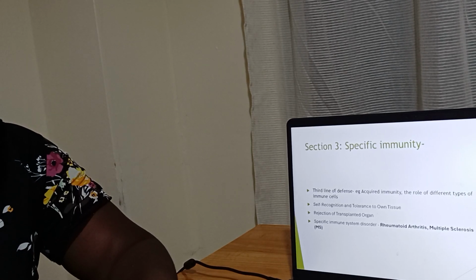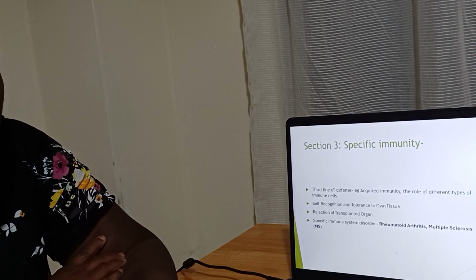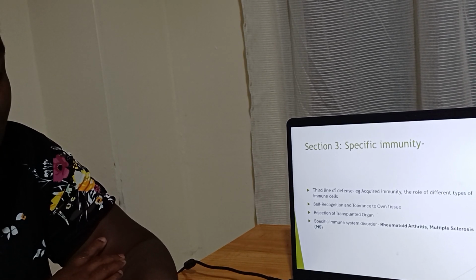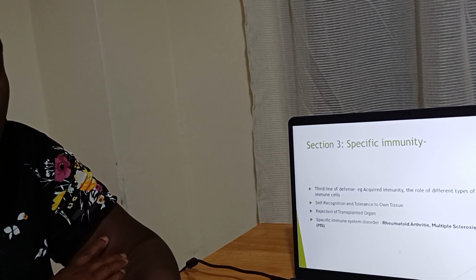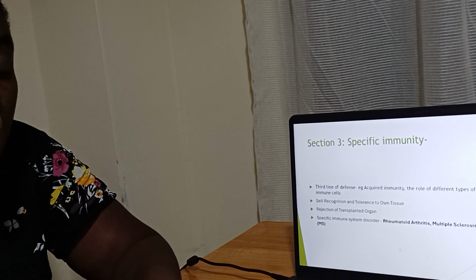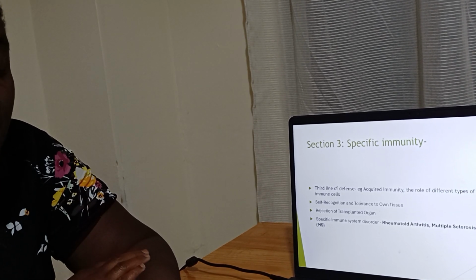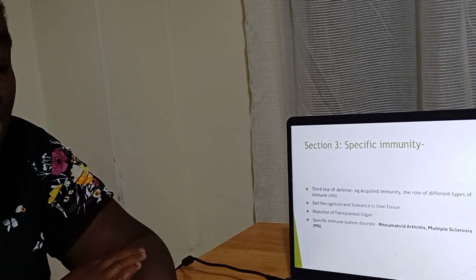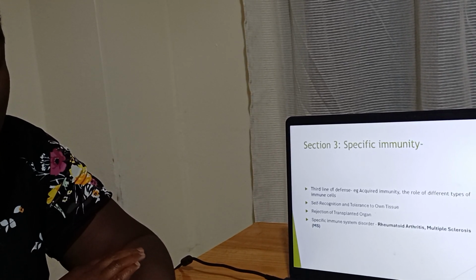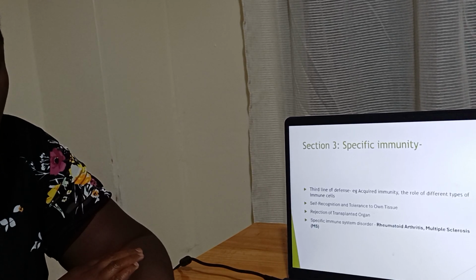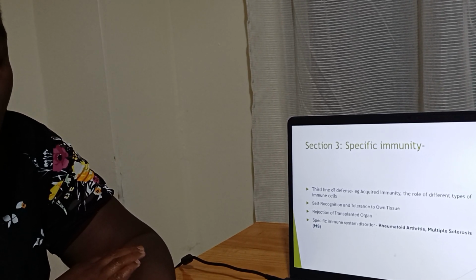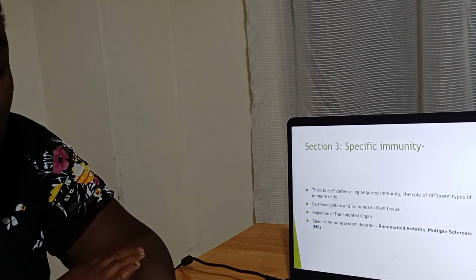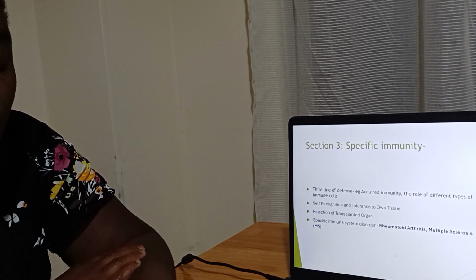We have self-recognition and tolerance to own tissue. Self-recognition is the immune system's ability to distinguish between the body's own cells and foreign cells. This is crucial for preventing the immune system from attacking the body's own tissue. The immune system recognizes cells of the body as self through proteins called major histocompatibility complex, which is MHC molecules, which are present on the surfaces of all cells.